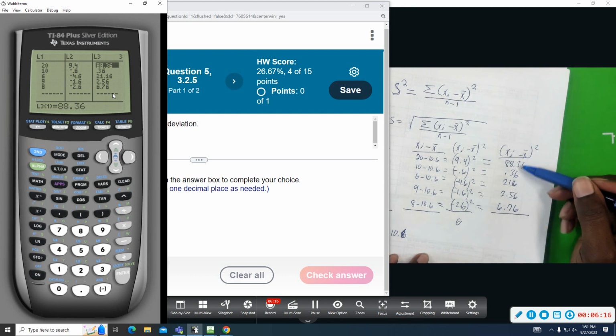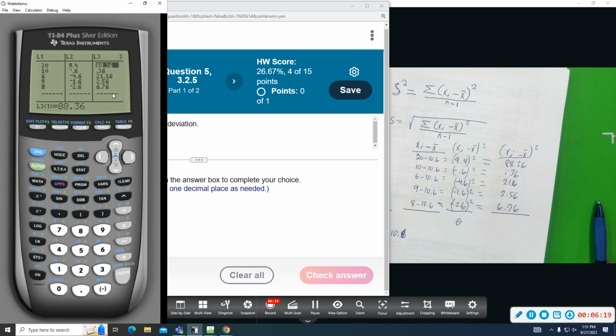We're going to add up all of these numbers. And I think I can get the calculator to do that for me as well. Math. The summation symbol right here. I want you to sum L3, to take that list and add up all those numbers.